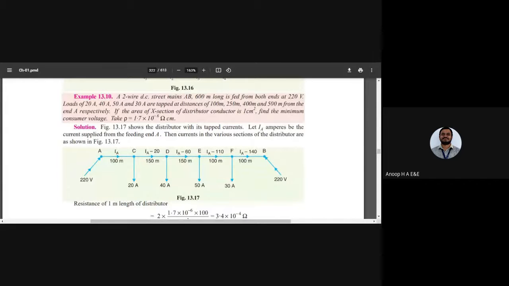This is the problem that is given, so write down the network here.